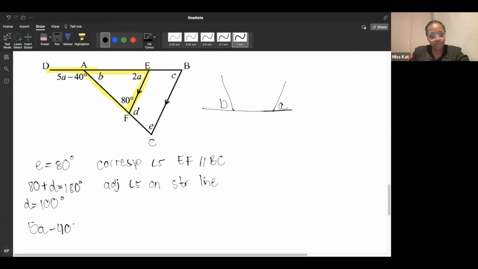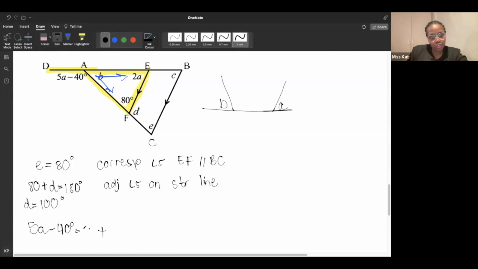Wonderful. So it says the exterior angle is equal to the sum. What does sum mean? Add them, of the angles inside the triangle. But which ones? The sum of the ones that are opposite, not adjacent.